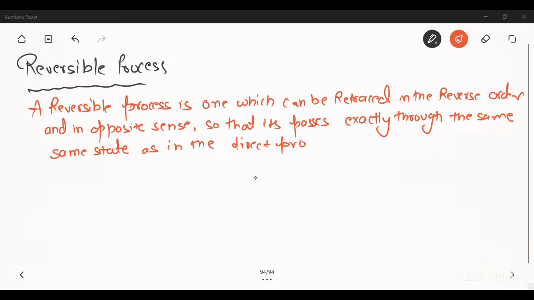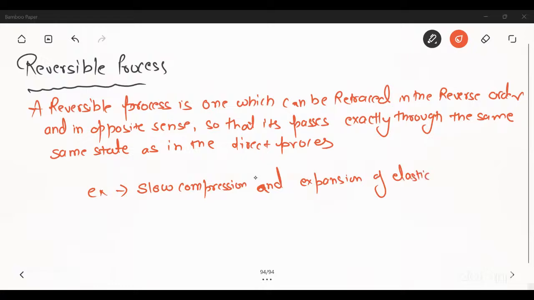Okay. So examples are slow compression and expansion of elastic spring.